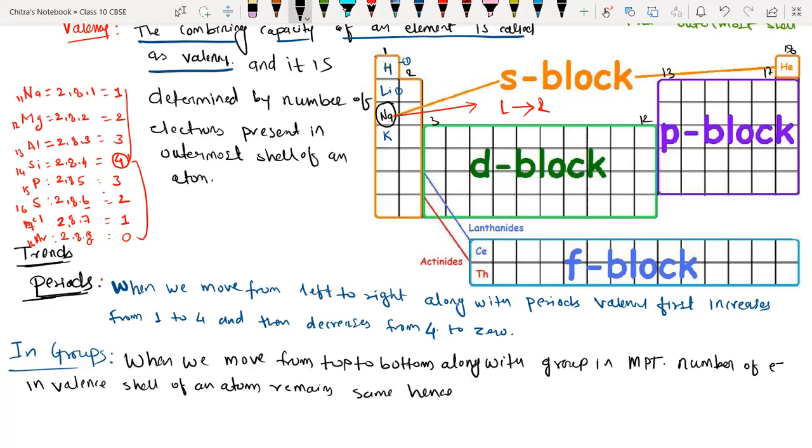Hence valency will also remain the same.